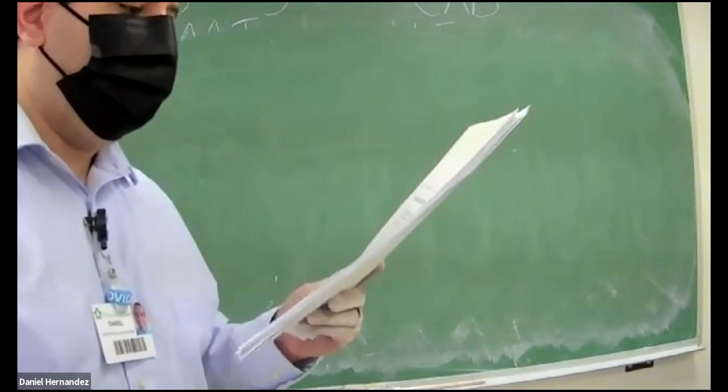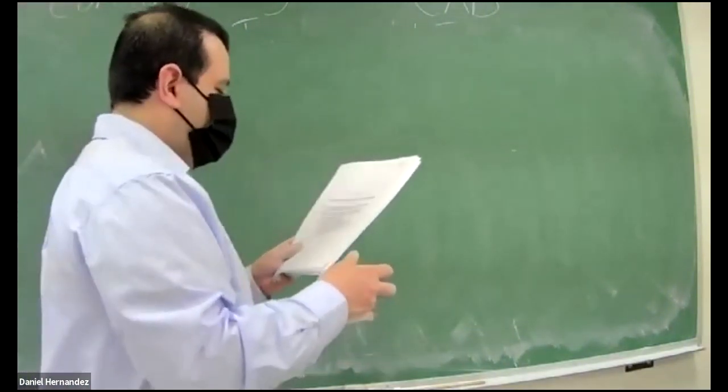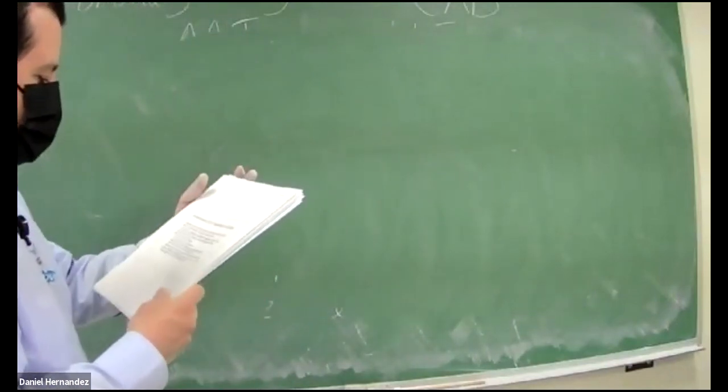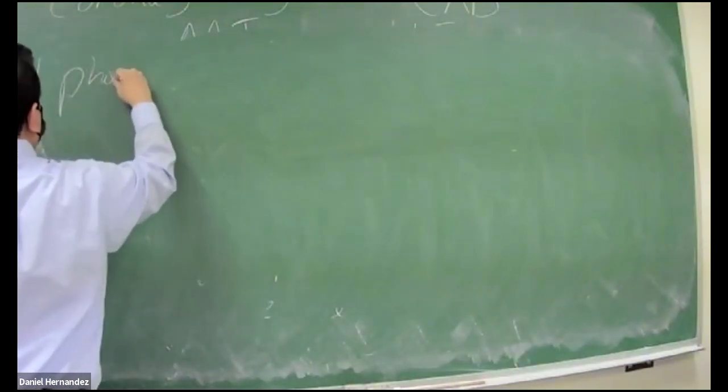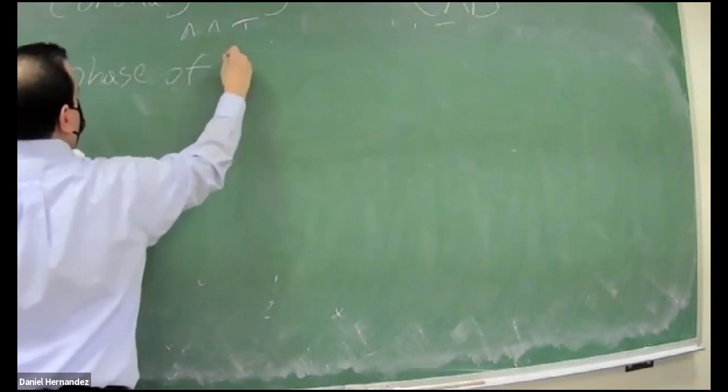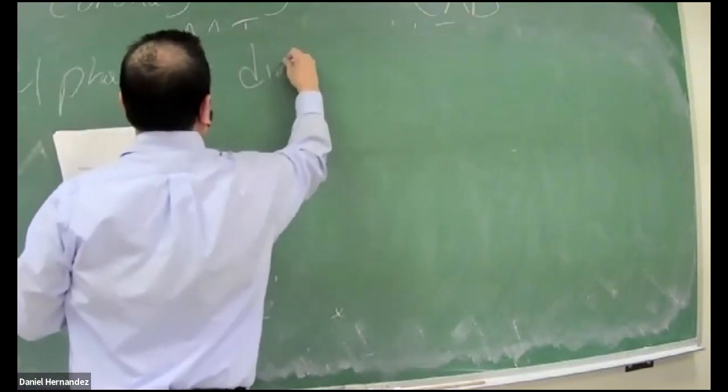So basically, all forms of acquired heart disease are associated with some form of left ventricular diastolic dysfunction. There are 4 phases of diastole.